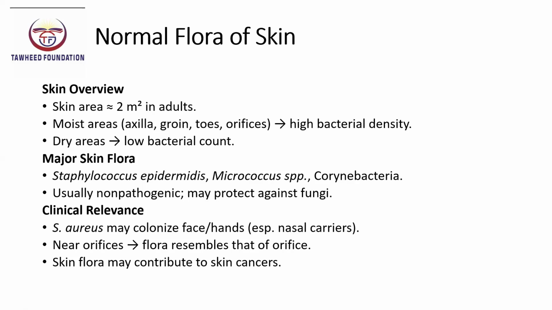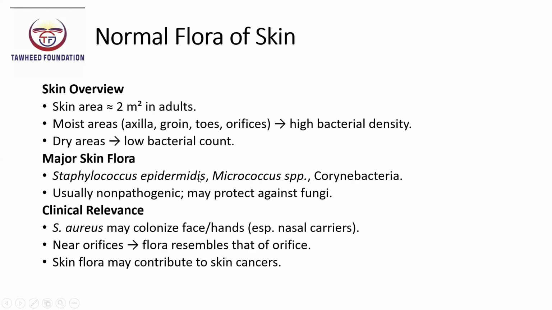But at most other sites, the bacterial population is fairly low, generally in hundreds or thousands per square centimeter. The majority of skin microorganisms are found in the most superficial layers of the epidermis and the upper parts of the hair follicles. So they consist largely of Staphylococcus epidermidis, Micrococcus species, and Corynebacteria.